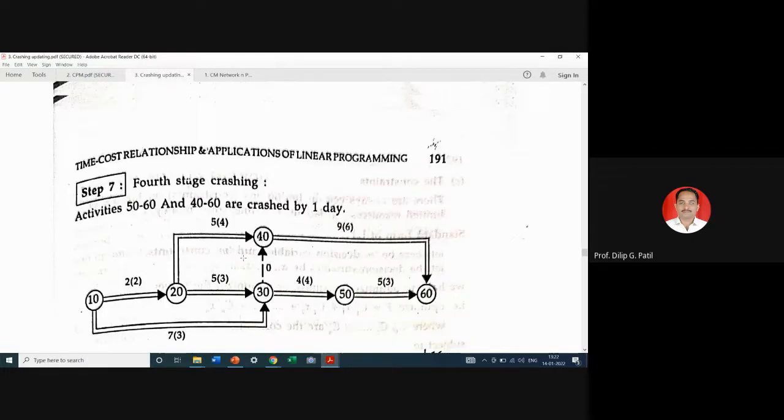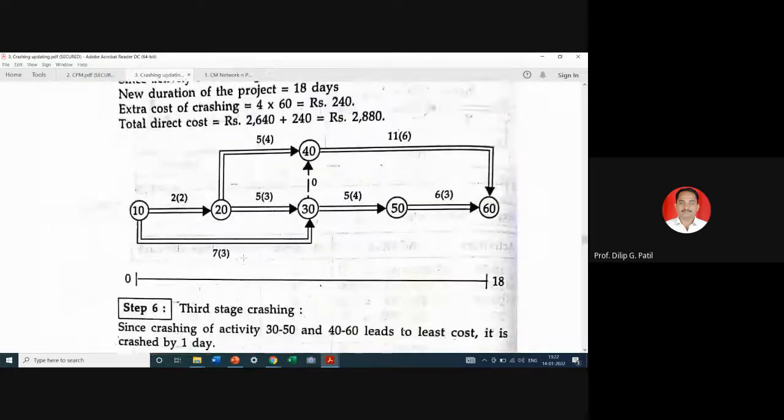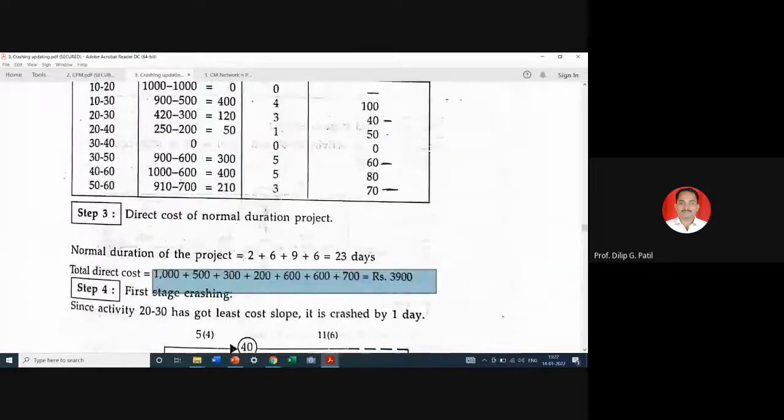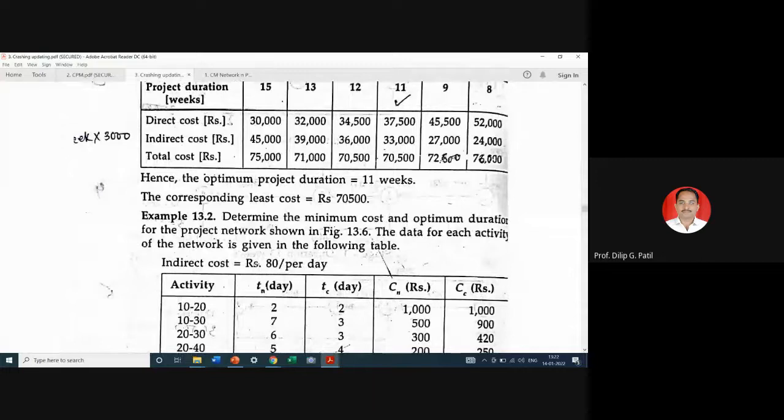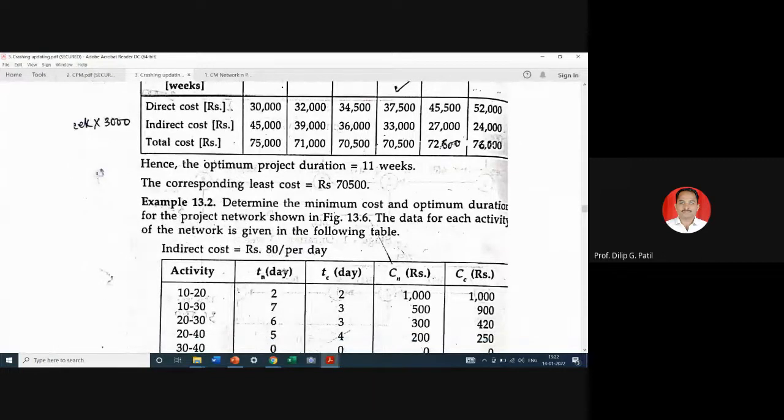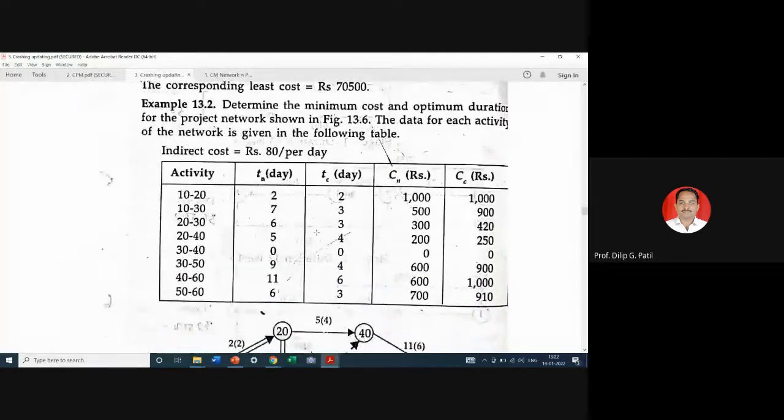The indirect cost must have been given. Indirect cost is 80 rupees per day.